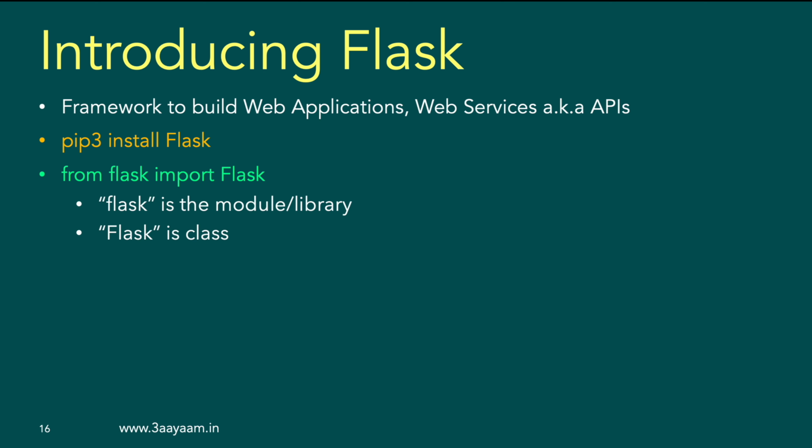Flask is the module or the library, and capital Flask is the class that is there in the library. Now what I will do is create a completely new project, install Flask there, and we'll see what libraries and classes are there in the Flask module. Let's go ahead and do that.